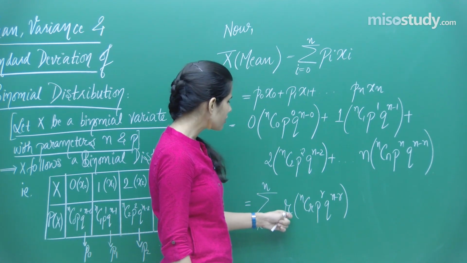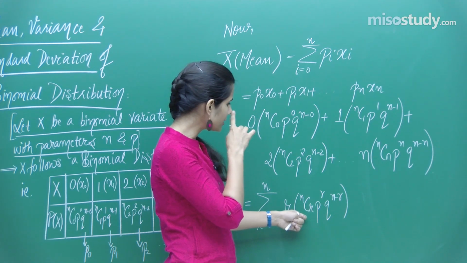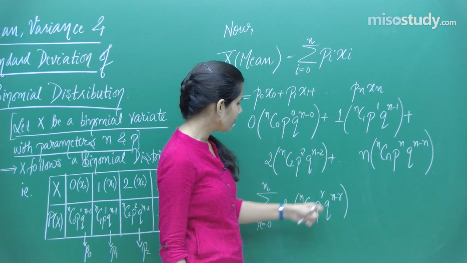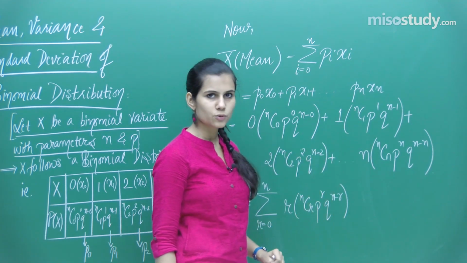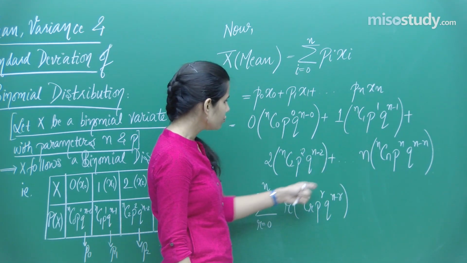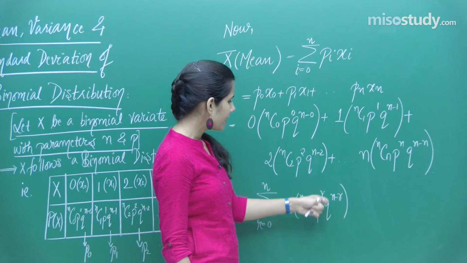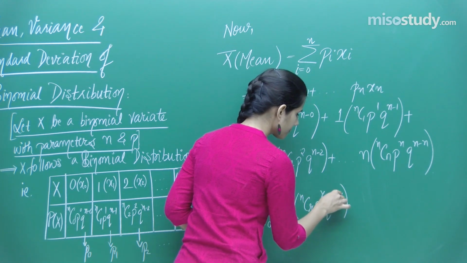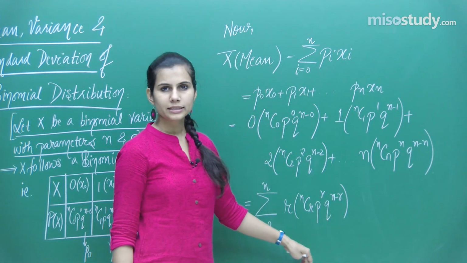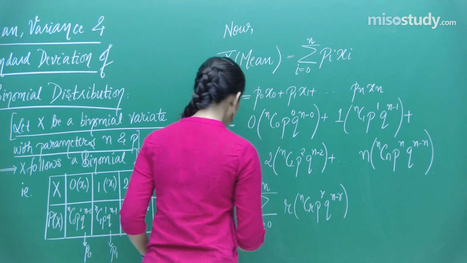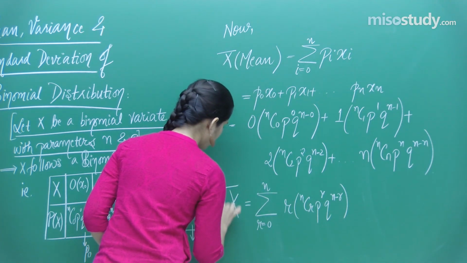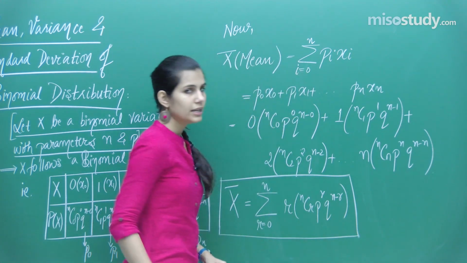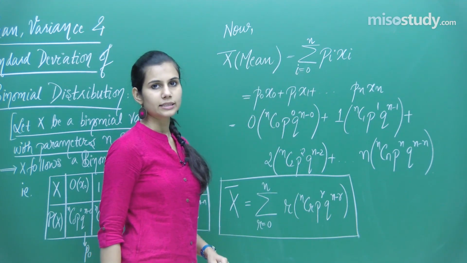For r equals 0, this will be 0 into NC0 p to the power 0 q to the power n minus 0, plus for r equals 1, it will be 1 into NC1 p to the power 1 into q to the power n minus 1, and so on till n into NCn p to the power n q to the power n minus n. So I can write it in compact form like this. Now let's evaluate. So please keep in mind the mean in compact form of a binomial distribution is given like this. In the form of summation, it is given like this.